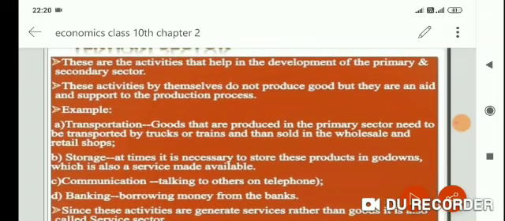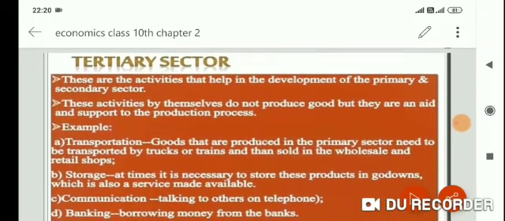Transportation: goods that are produced in the primary sector need to be transported by trucks and trains and then sold in wholesale and retail shops. These activities include production and exchange of services like banking, transportation, communication and nursing. Banking is like borrowing money from banks, and communication is like talking to others on the telephone. Now see again the example.